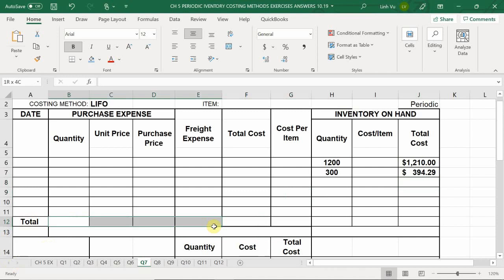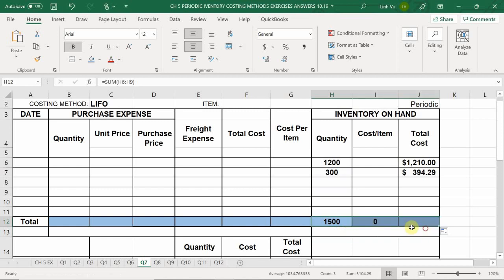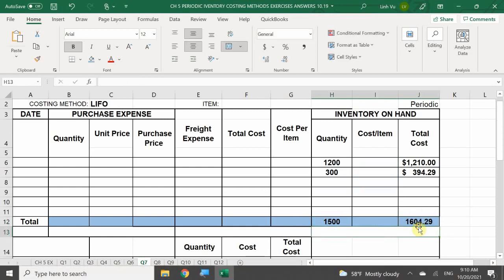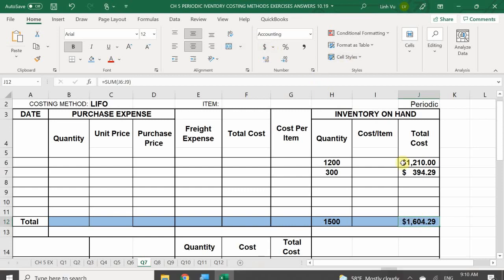I'm going to make my totals here just to verify that the numbers are correct. Equals sum. Okay, so I have 1,500 units at a grand total of 1,604.25, which is correct. This is what we solved for in our inventory worksheet from the previous one.